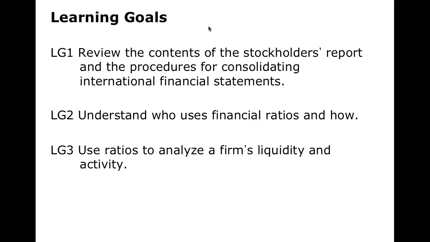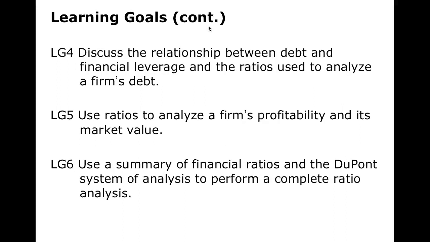We also want to understand how financial analysts use financial ratios, specifically to analyze a company's liquidity and activity. When we talk about activity, we're talking about the activity of the assets and the profit activity of a company. Now we want to discuss the relationship between debt and financial leverage and use ratios to analyze the firm's debt, specifically debt to assets and debt to equity.